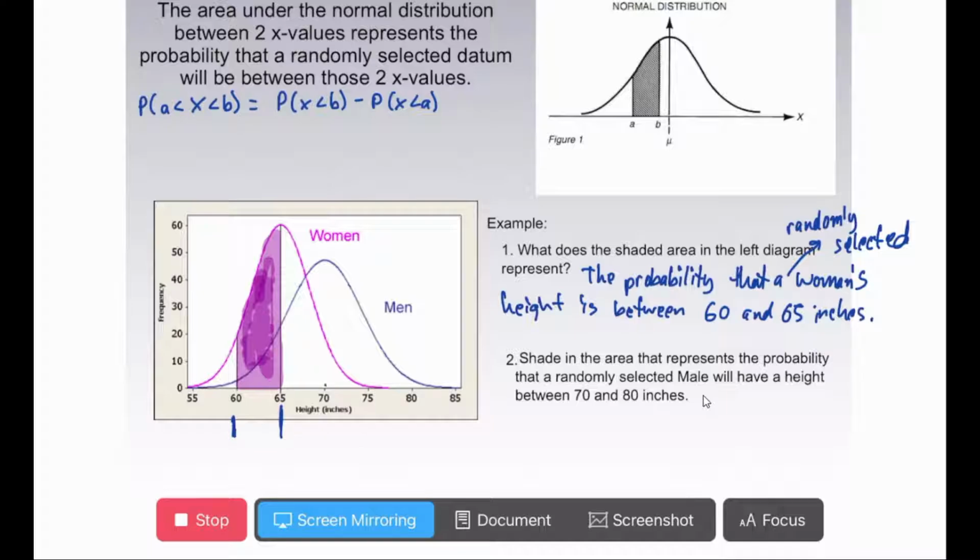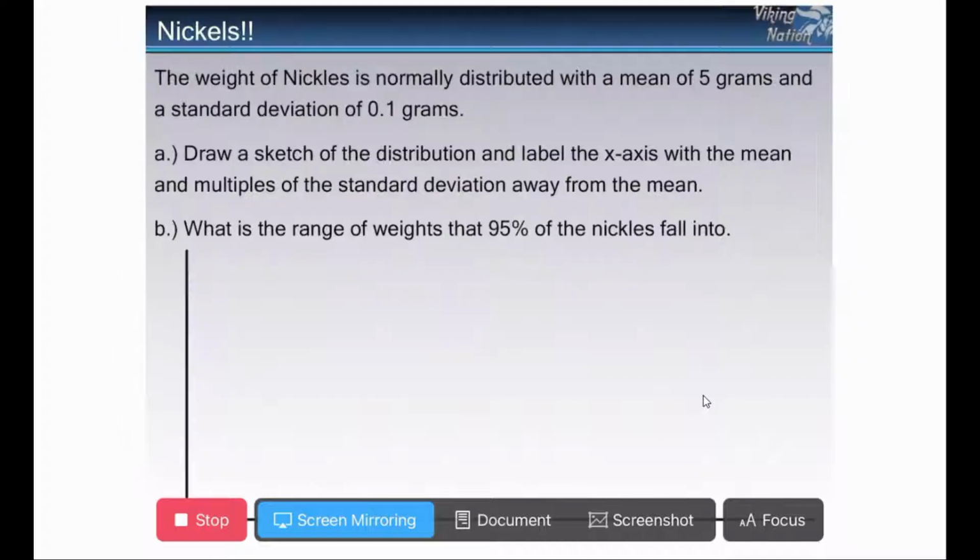We're going to be looking from 70 to 80 inches. Let's fill that in. So that's what that shaded area represents. The probability that a randomly selected male will have a height between 70 and 80 inches.